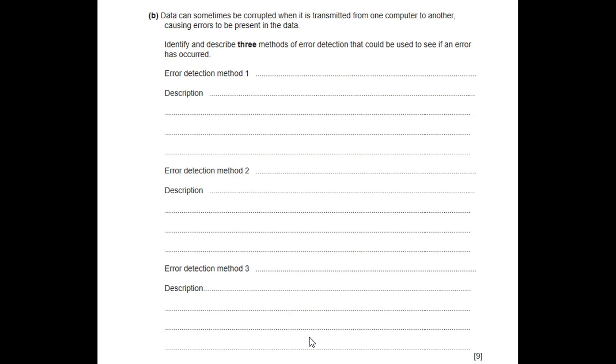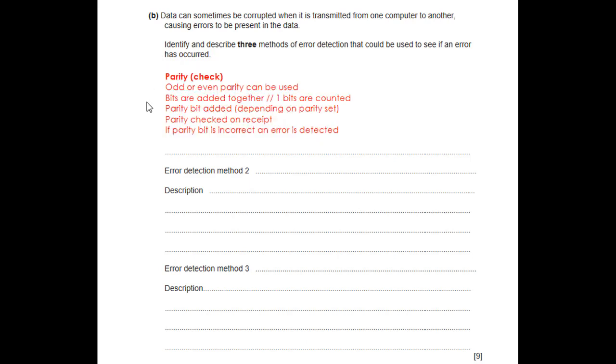Now we're going to continue to look at, if data was being transmitted, how we could detect the errors. So one way is a parity check, and we've been through this in class, so you need to say a couple of points of how it works. You decide which parity you're going to use. You count the number of ones to see if they are an odd or even number.